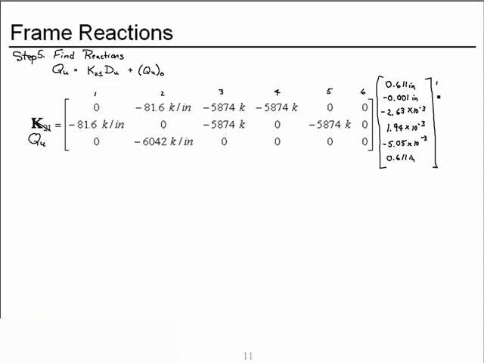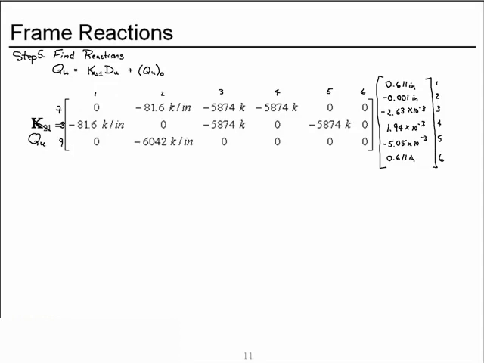And so our degree of freedom numbers here match our degree of freedom numbers for the columns, and that'll give us a vector of results that are the forces at degrees of freedom 7, 8, and 9, which are constrained degrees of freedom.